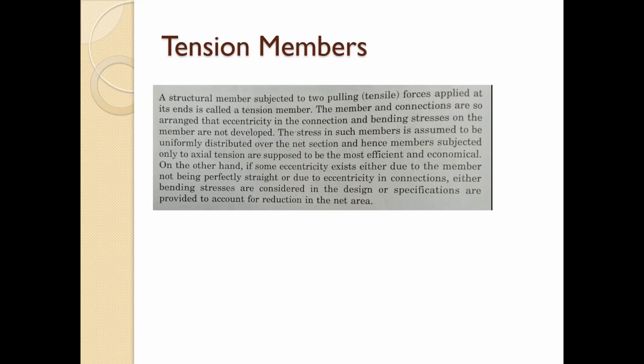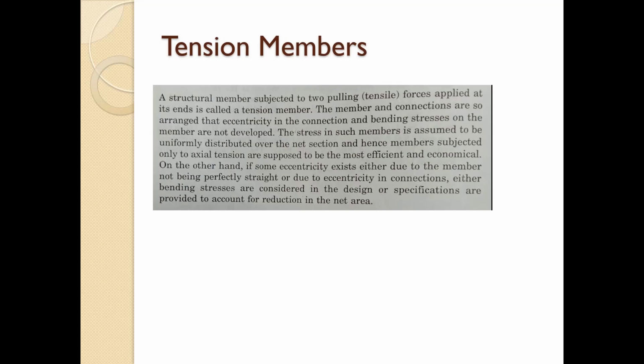We have seen in the case of riveted joints particularly that the IS code has a clause that all the forces in the members should meet in one particular point when many members are meeting at one junction. In the same way here, there should not be any eccentricity, so that the member is fully in tension itself.